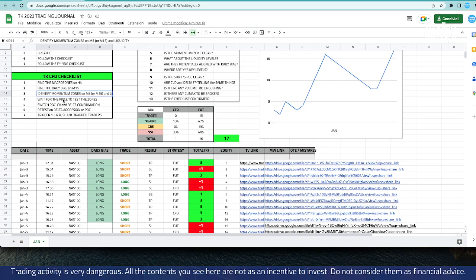I will wait for the price to retest the zone after a break of structure, after a strong momentum impulse. So I need to see strong power of the price in my direction, in the direction of the daily bias.